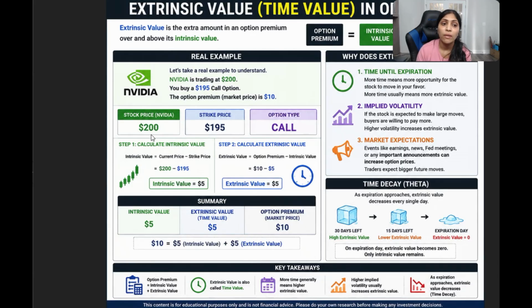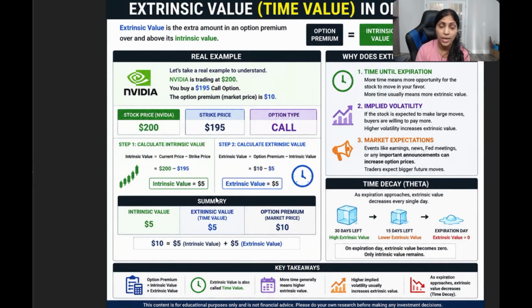Intrinsic value means the current price minus the strike price, which is around $5, so $500. But the additional $5 we paid is for the extrinsic value. Extrinsic value equals the option premium minus the intrinsic value. So we are paying for this time, and this extrinsic value will be more for longer dated options.